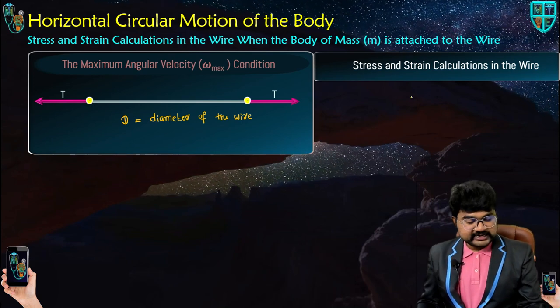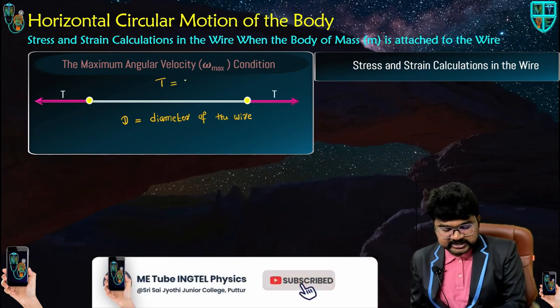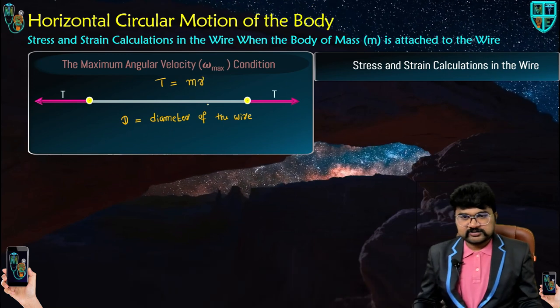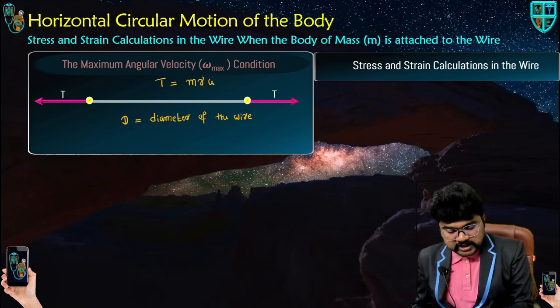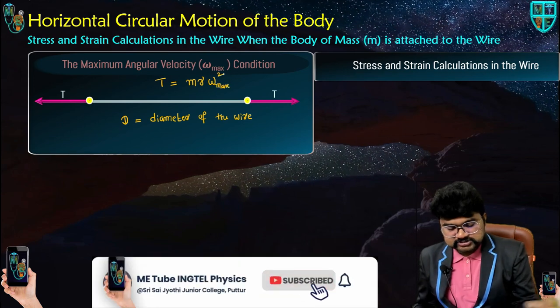So what is the tension in the string at maximum angular velocity condition? M, R is the radius of circular motion, omega maximum square.